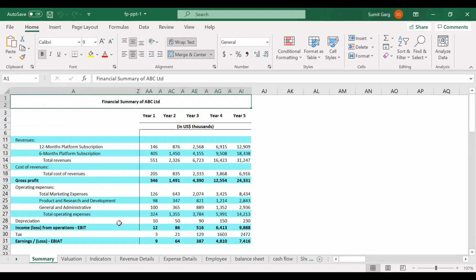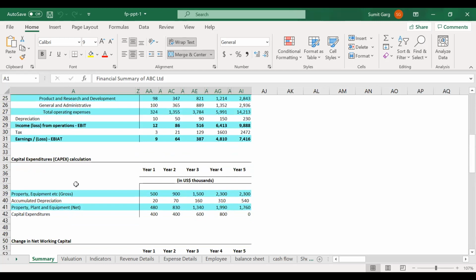So you can see that I have arrived at earnings before interest and tax, and then earnings before interest but after tax.